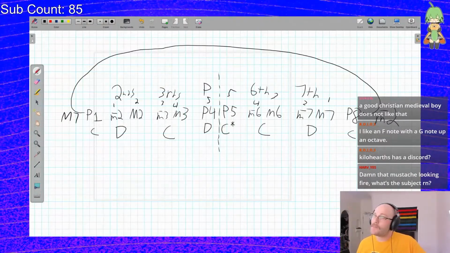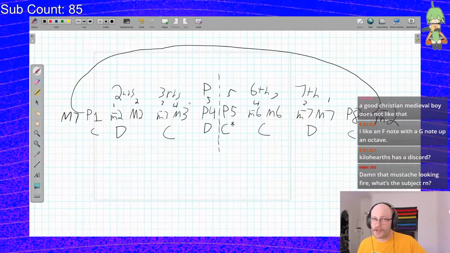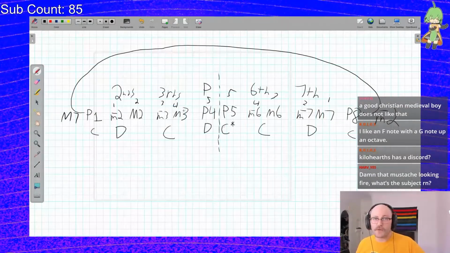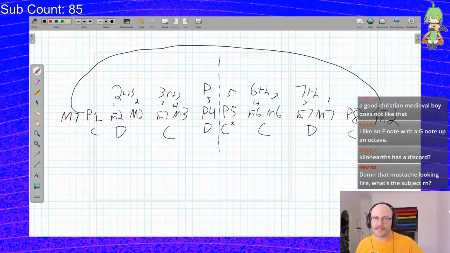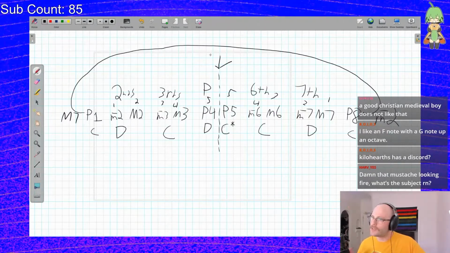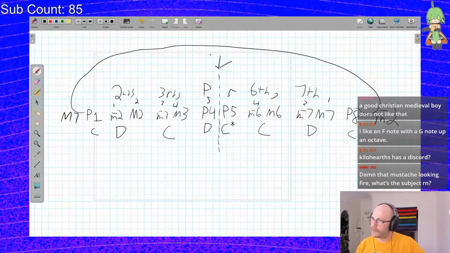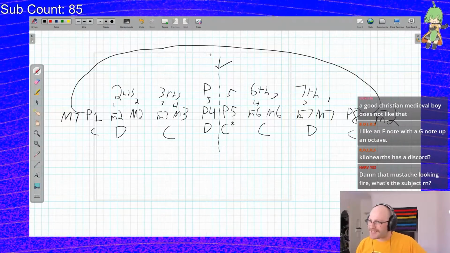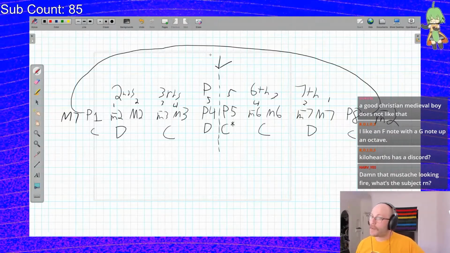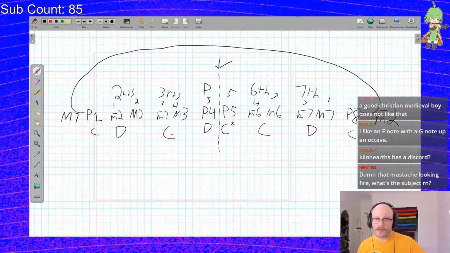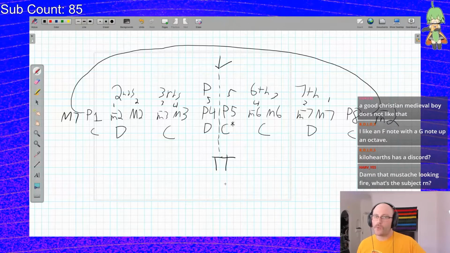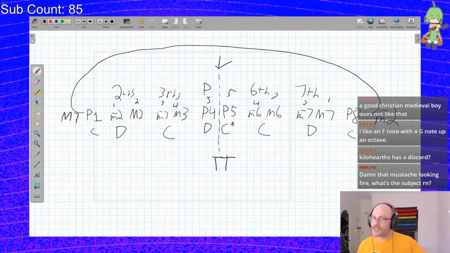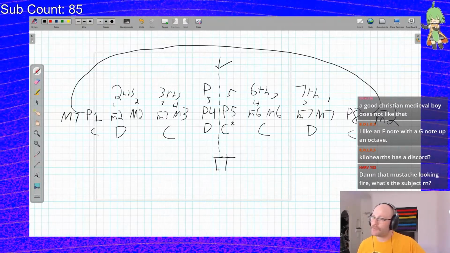Now, I am specifically avoiding something here. You notice there is one interval not expressed here. It exists in this division. It's our symmetrical barrier between climbing down or climbing up to an interval. That's our lovely friend, the tritone, which you rarely, if ever, see expressed as a tritone.